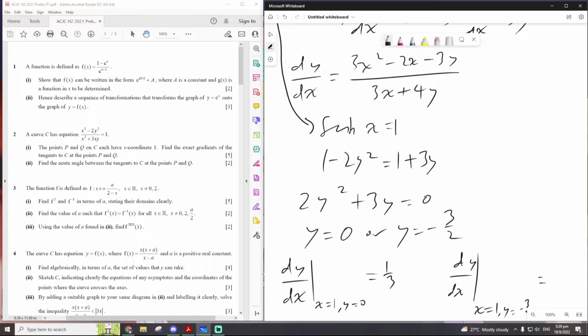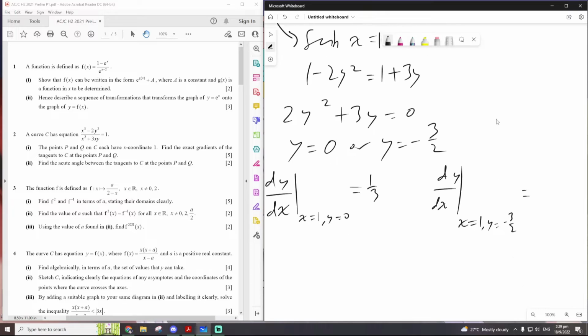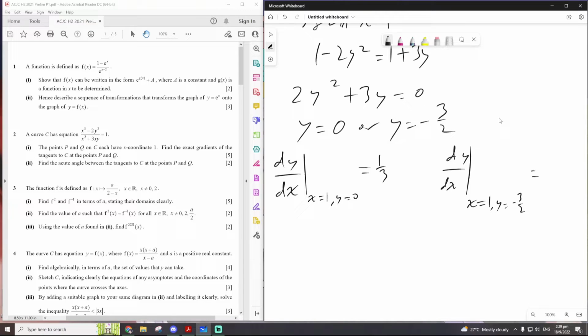And for negative 3 over 2, you get negative 11 over 6. Okay. Now, what's the acute angle between the tangents to C at points P and Q? So, part 2.